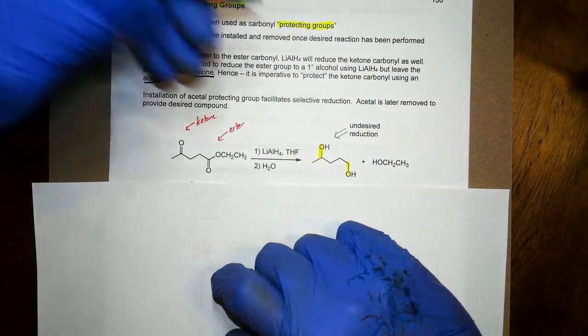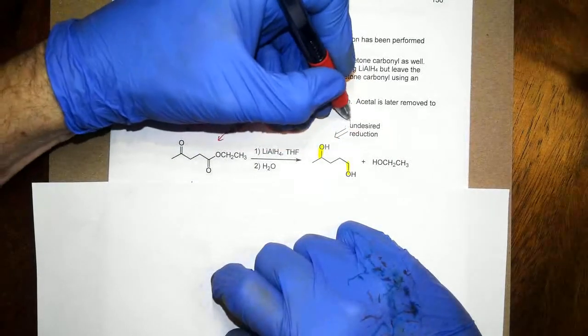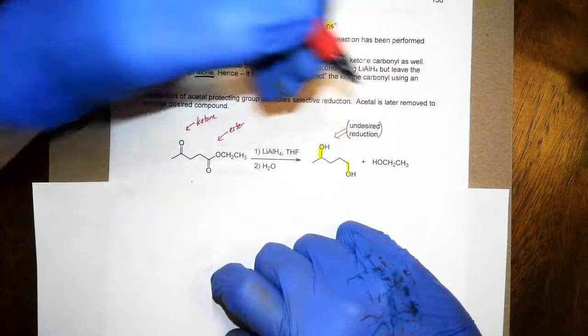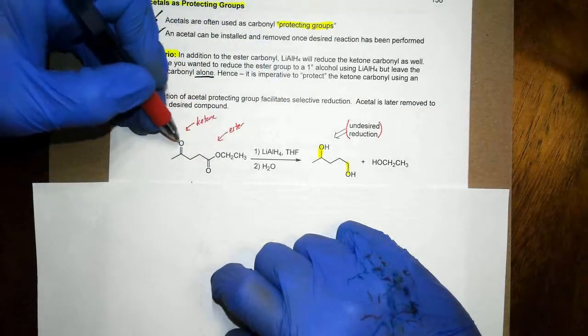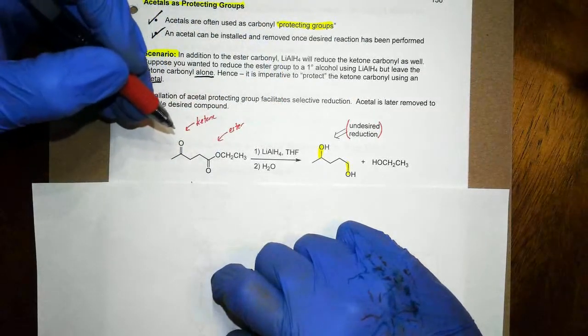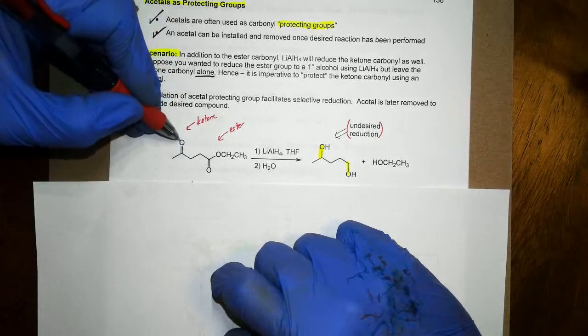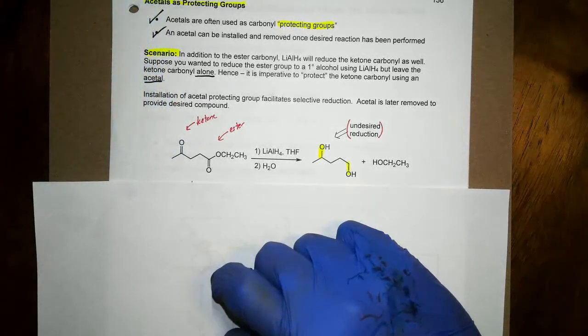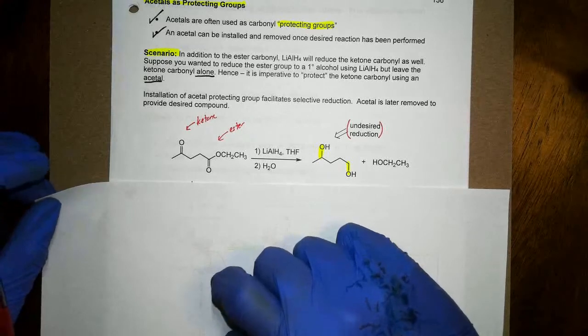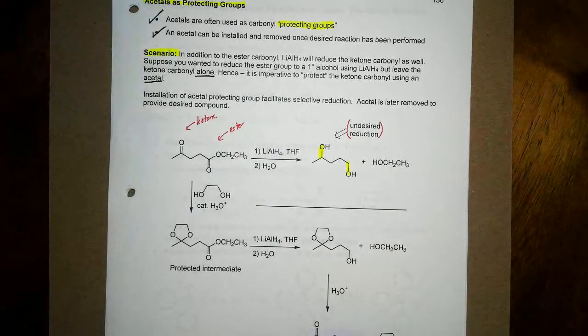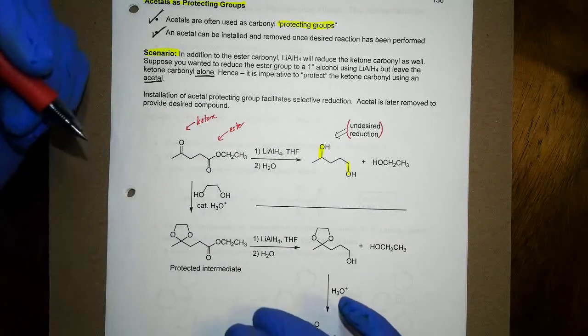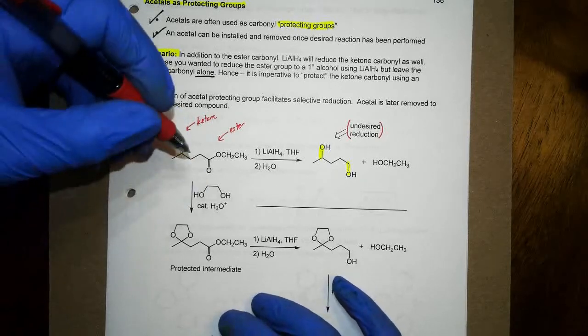But what if you didn't want to reduce that? In other words, let's suppose, well, I didn't want to reduce the carbonyl. I wanted to leave that carbonyl alone so I can do something else to it later. Well, what if you could put something around it, okay, to protect it, or something on it to protect it? That's what the second reaction is, okay? So what we're going to do, we're going to use ethylene glycol.